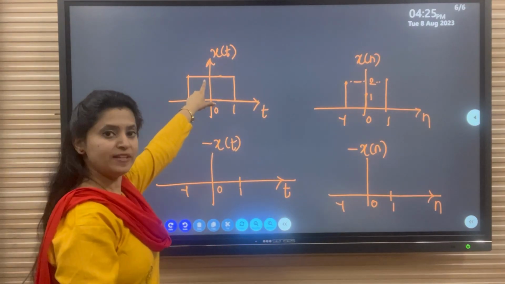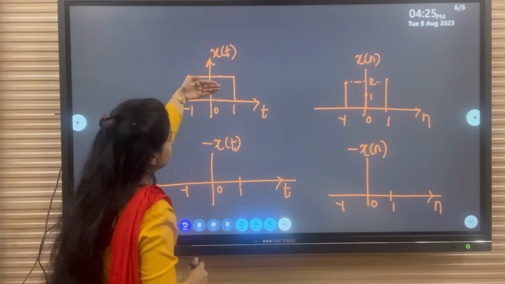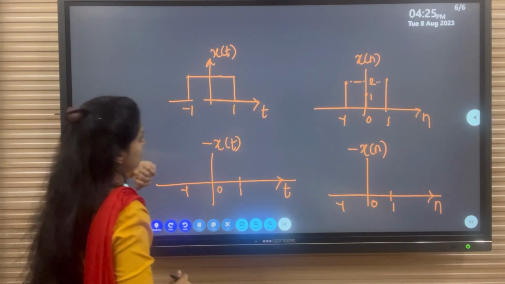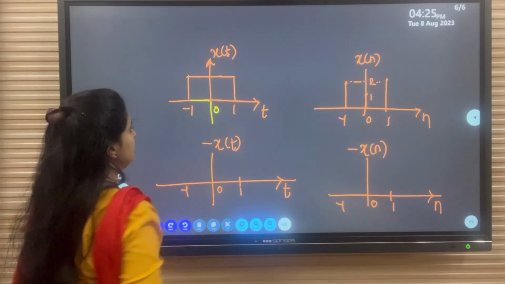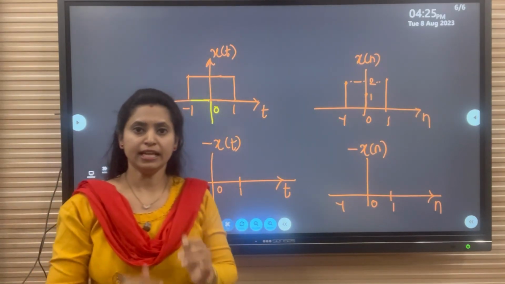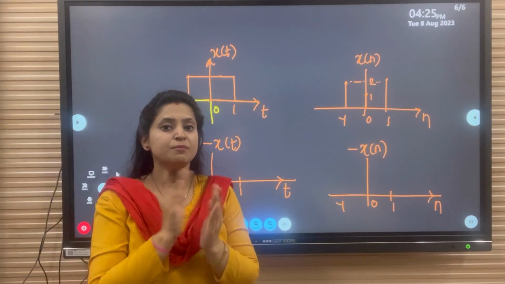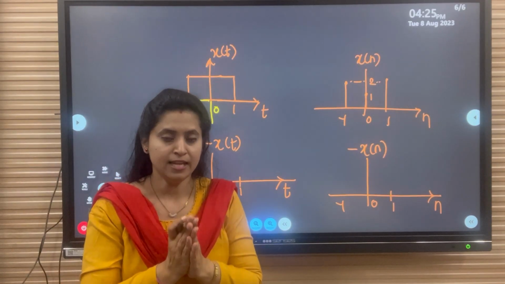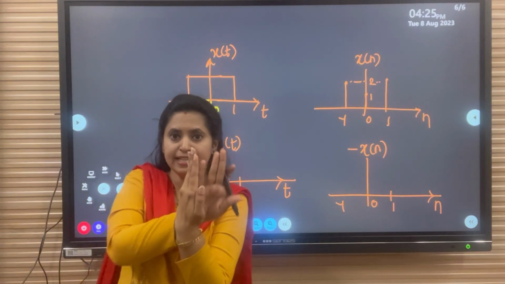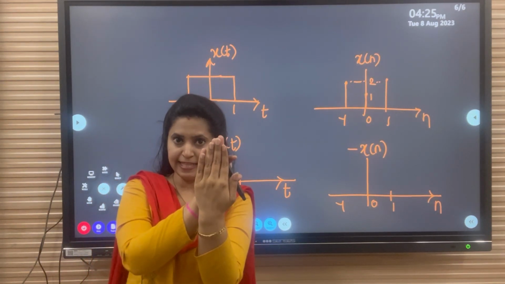So first of all we'll see this x of t. Now minus x of t means here the signal is reflected in this way. Now when we are reflecting it with respect to time, means when it is time reversal signal, then in that case we are reflecting about y-axis, means here we are reflecting in this way.